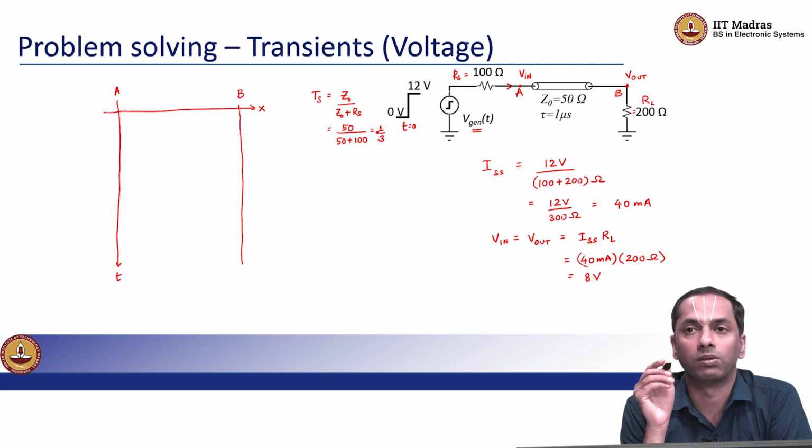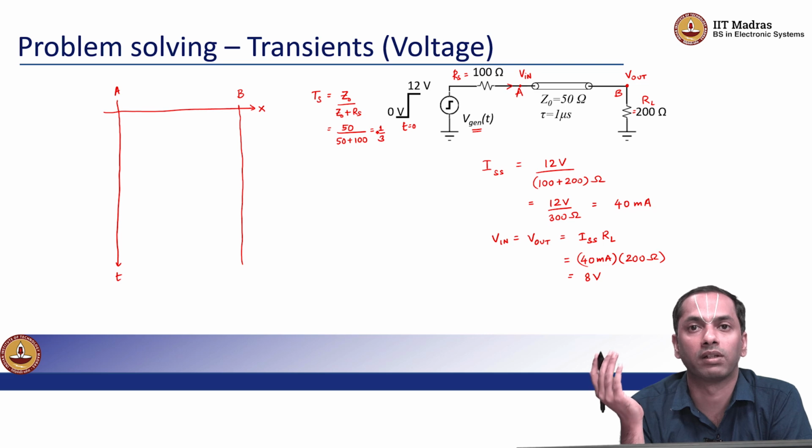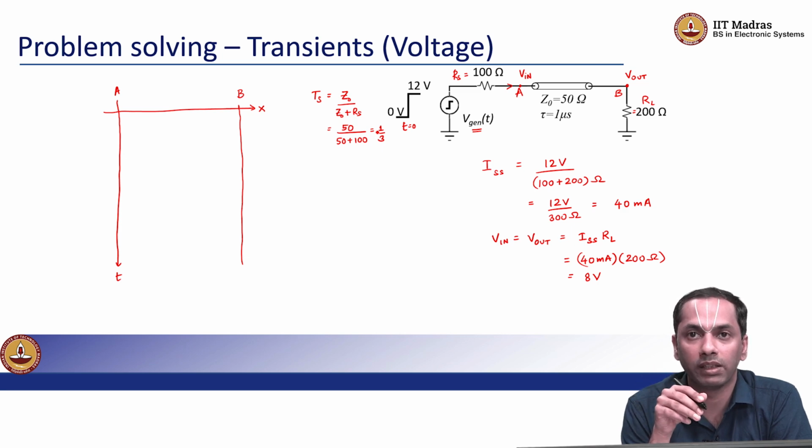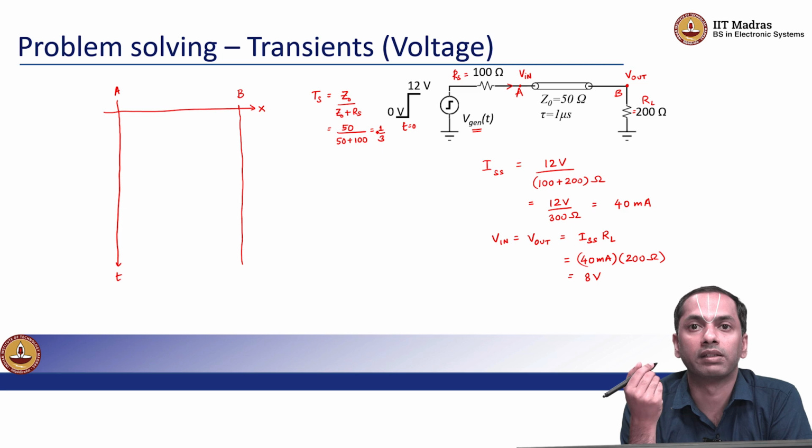Since the information that there is RL connected at the end of the transmission line is not known to the fields near point A, whatever happens at A is determined by only the local impedances, which is only the characteristic impedance of the transmission line and the source resistance. As you may say, the system is not yet aware that there is a load of 200 ohms connected to the other end of the transmission line.